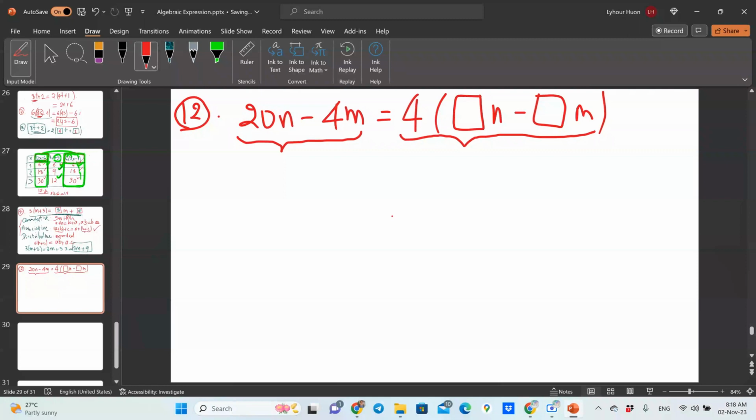Correct. How do you figure that out? I just counted 4, 8, 12, 16, 20. So 4 times 5 is 20.